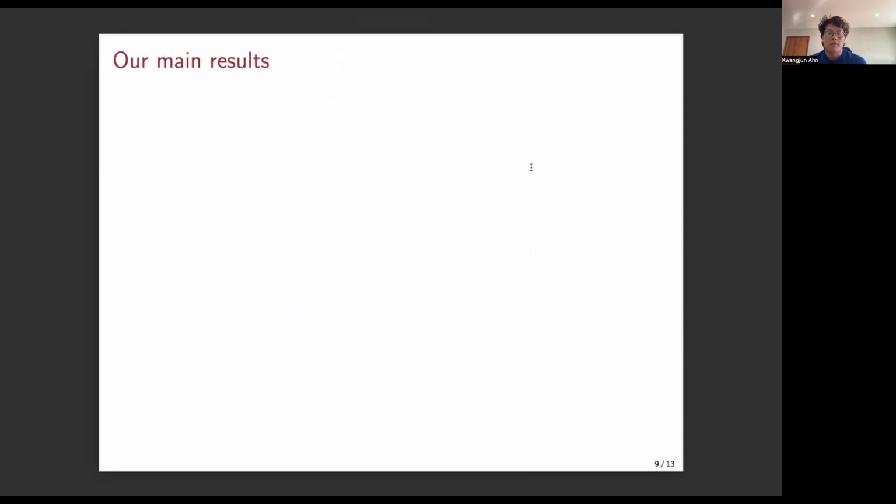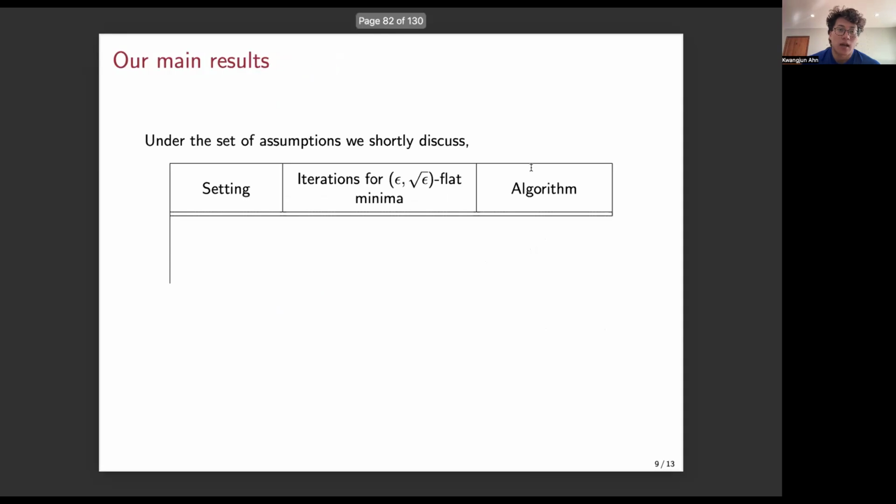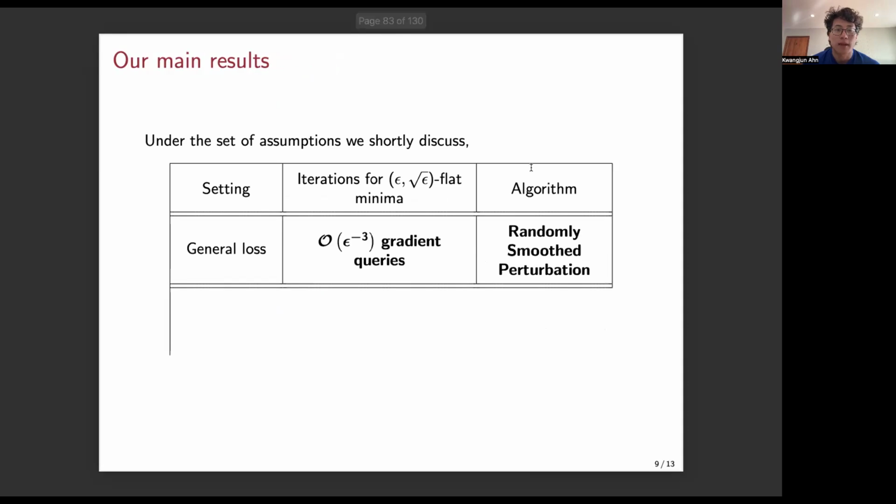So given this, our main results can be stated as follows. Depending on settings, we study the iteration complexity for finding (epsilon, square root epsilon) flat minima. Our first main result says that for a generic training loss setting, we can find such flat minima within epsilon to the -3 gradient queries using the algorithm randomly smoothed perturbation, which I'm going to describe shortly.